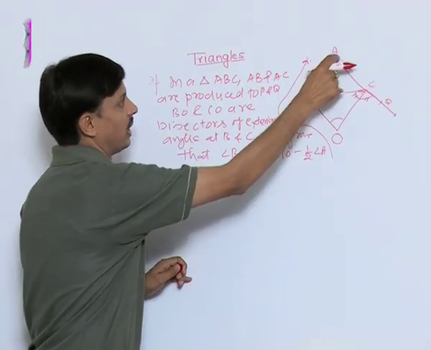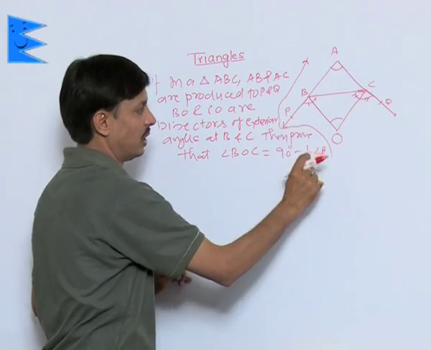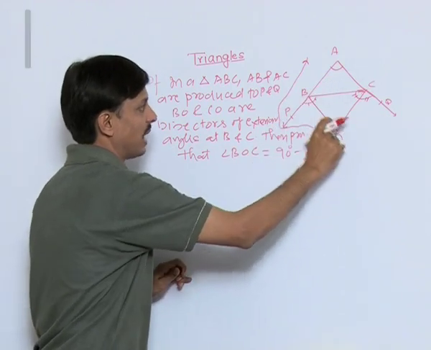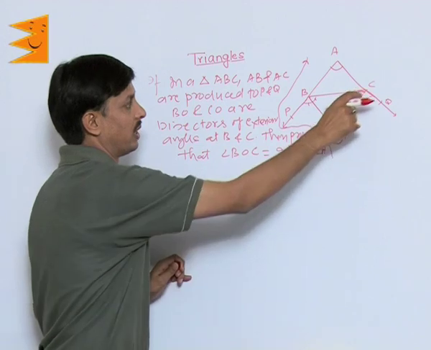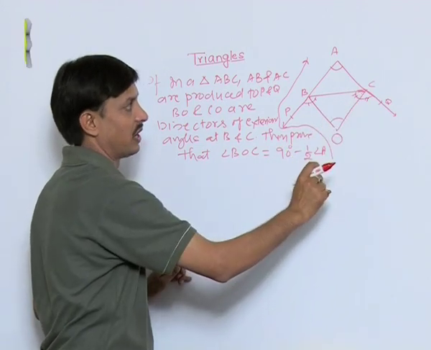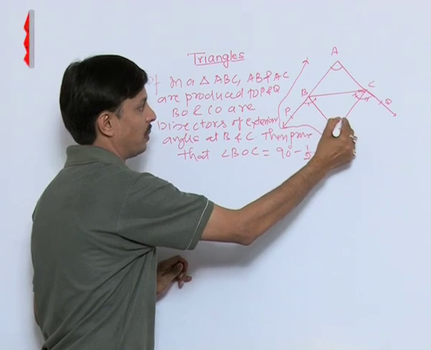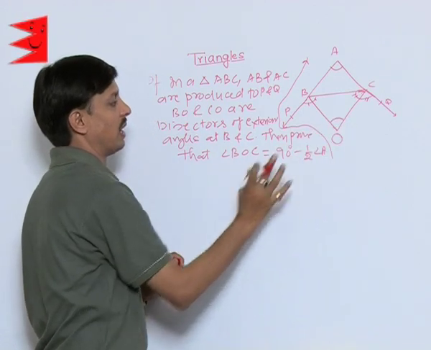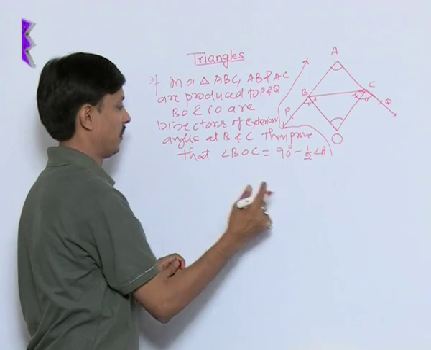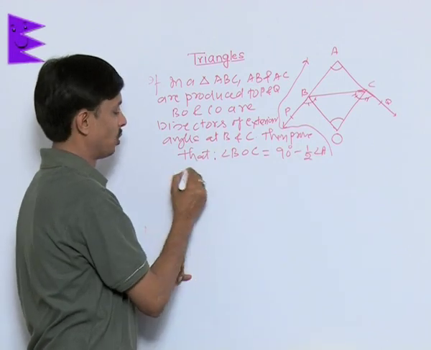Now we have a triangle ABC. BO is the bisector of the exterior angle at B and CO is the bisector of the exterior angle at C. What we need to prove is that the angle BOC that has come out is equal to 90 minus half of angle A. So what is given here?